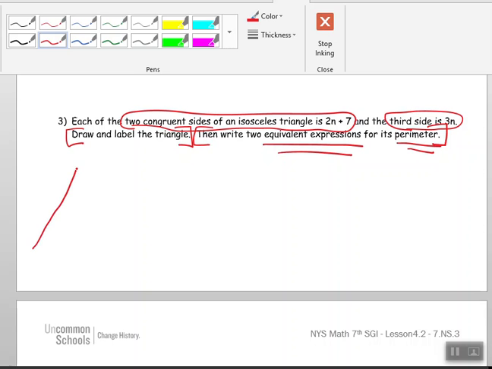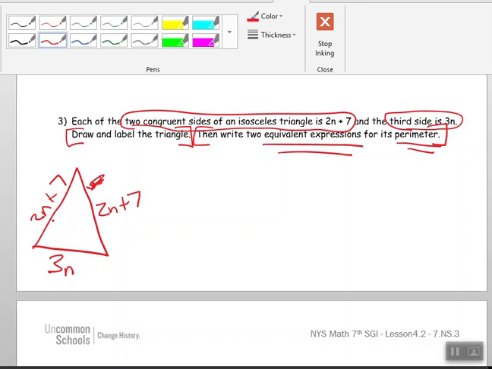So I'm going to draw my isosceles triangle. It's not to scale. This is 2n plus 7. This is also 2n plus 7. I'm not going to be able to draw it as neat as I thought. And then this side down here is going to be my 3n.